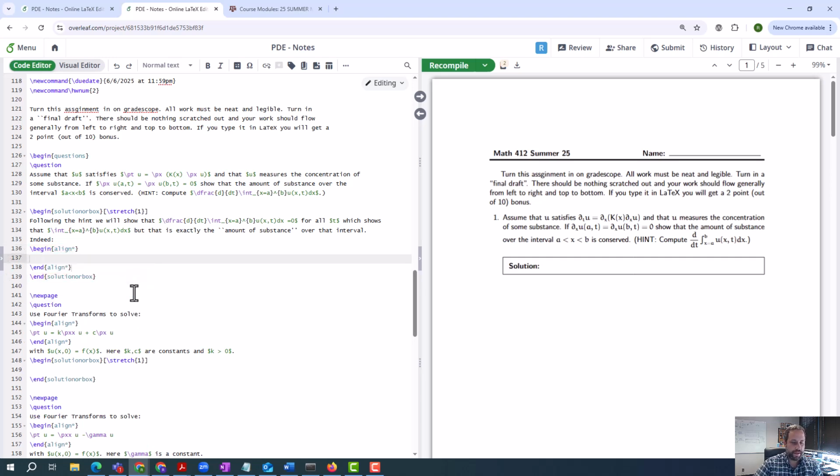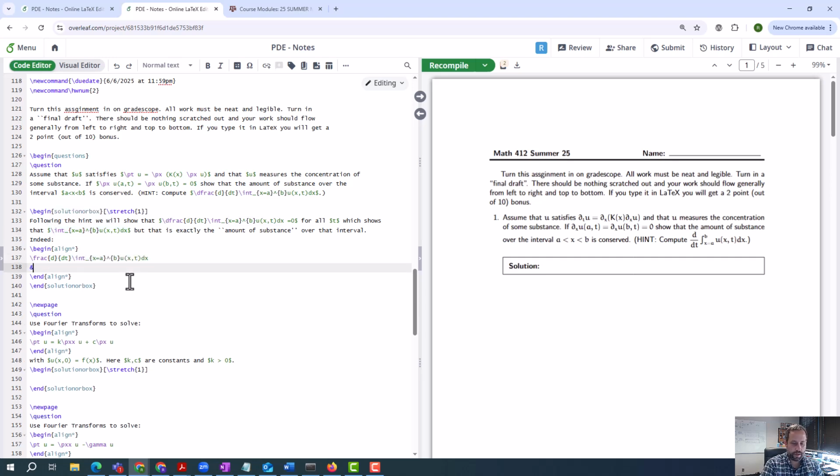So what we want to do is put the derivative on the inside of the integral. I should make an assumption here that the derivative of u with respect to t is continuous.